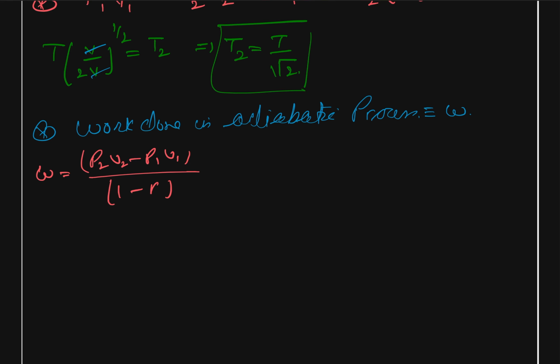And we can also use our ideal gas equation, that is PV is equal to nRT, and the number of moles is 1. So we can write P1 V1 is equal to RT.